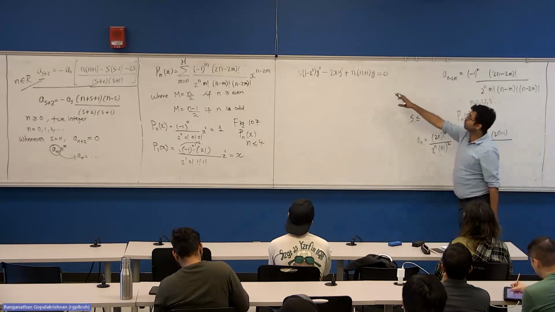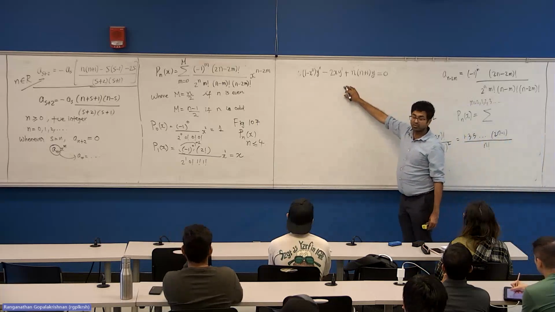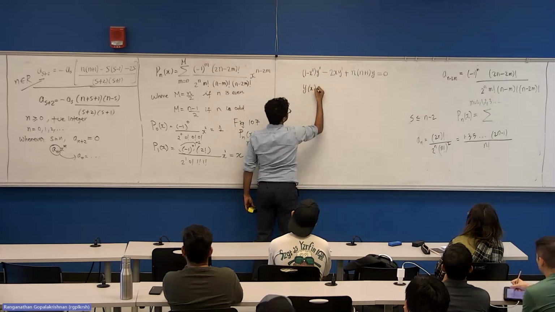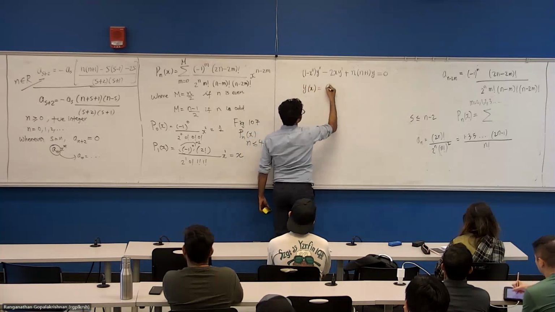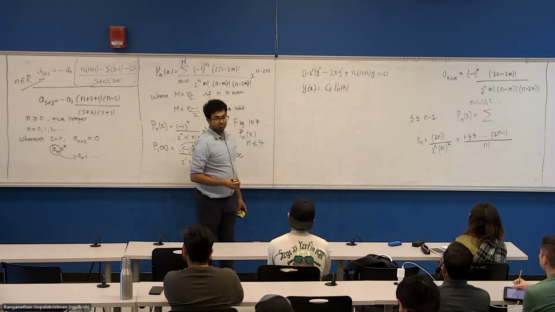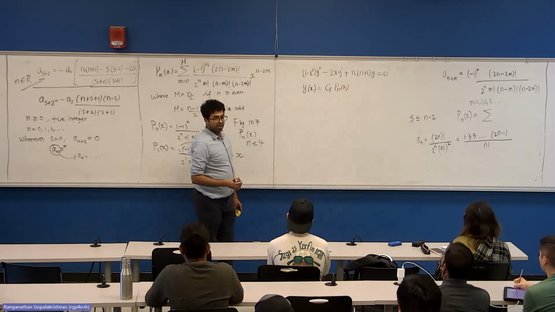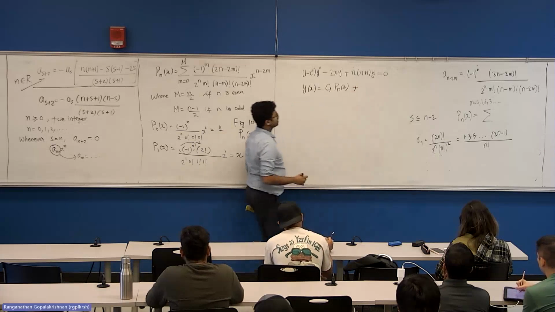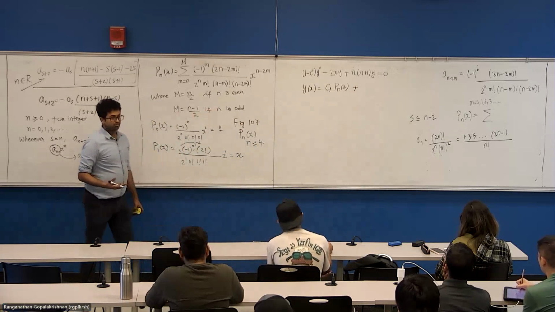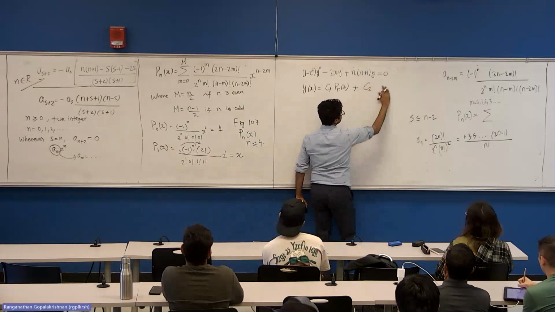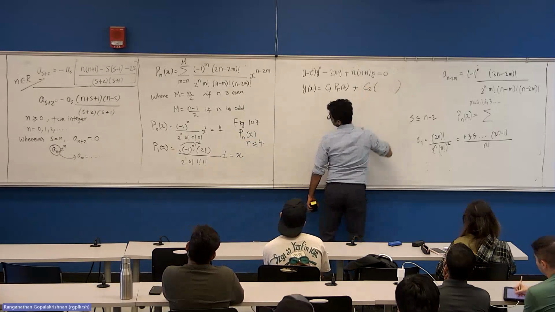The goal is to be able to write solutions to this equation. You can write this as y of x equal to C1 Pn of x. And the other will be an infinite series. Right? There will be a C2 multiplied by an infinite series.